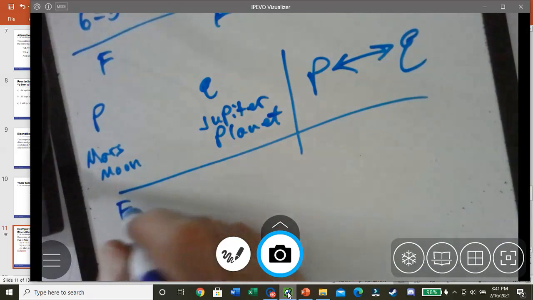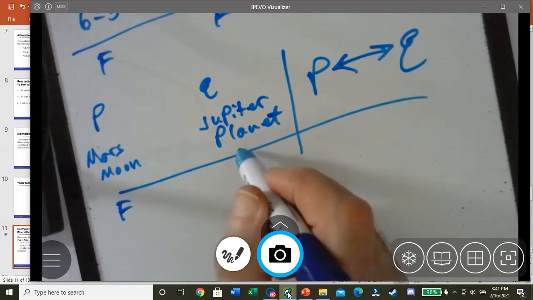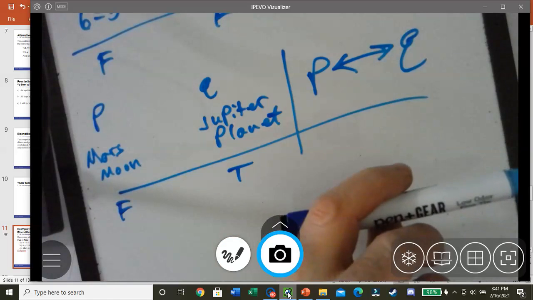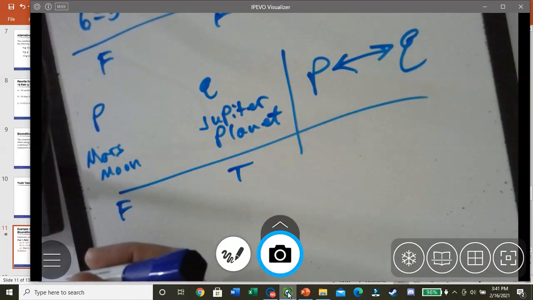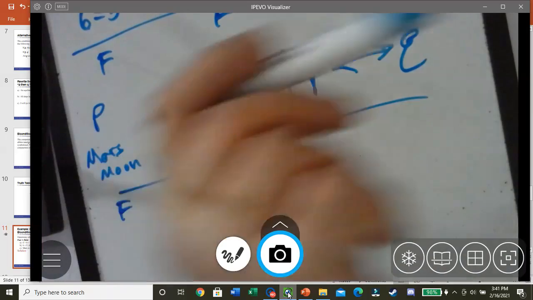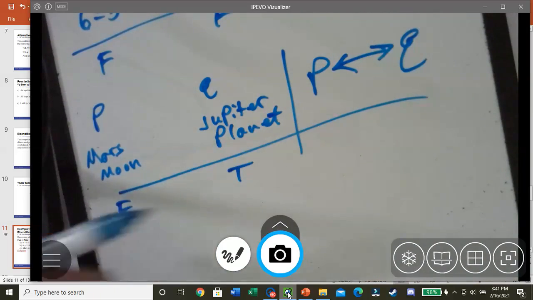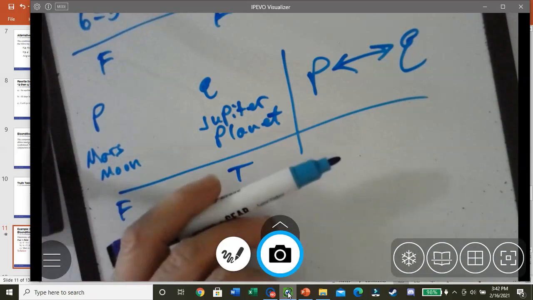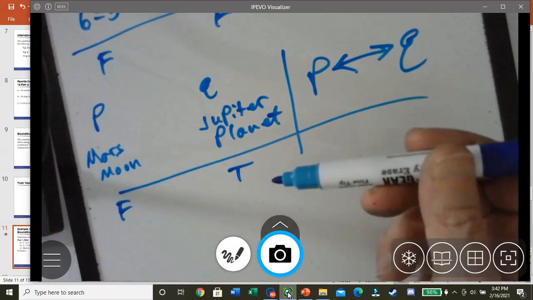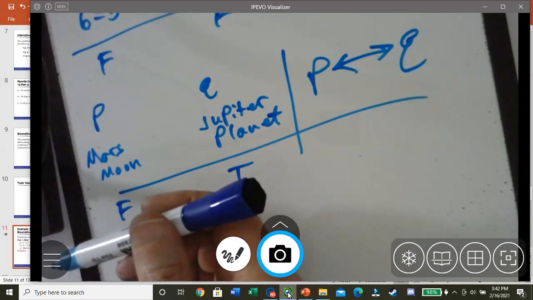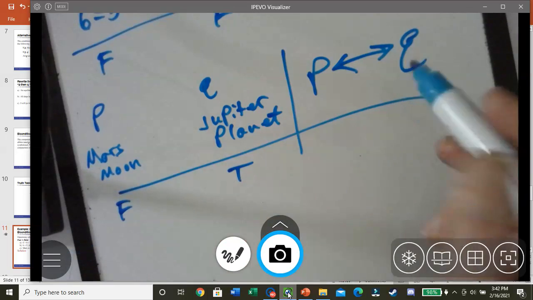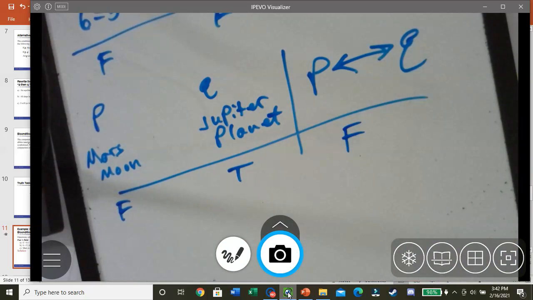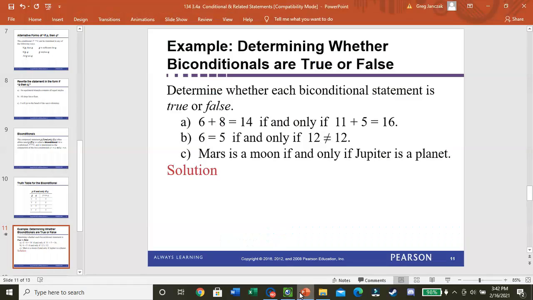No, it's false. Is Jupiter a planet? Yeah, that's true. So if false, then true, that's true. But going back the other way, that's why you have the two arrows, because you're looking at it one way and going back the other way. If true, then false, that's a false statement. So that gives us a false.